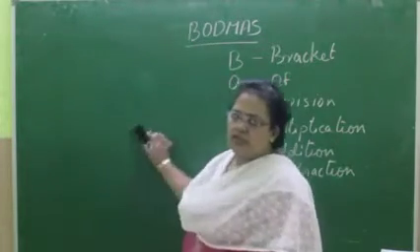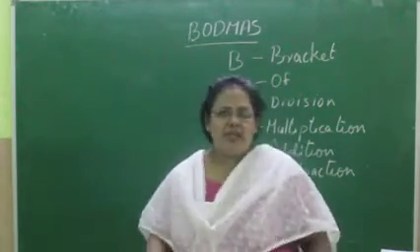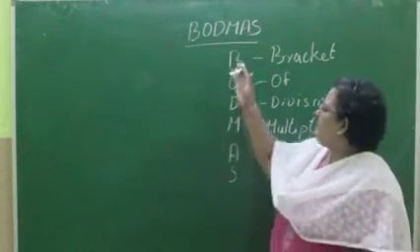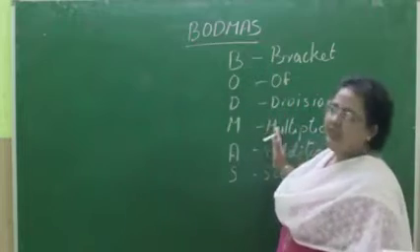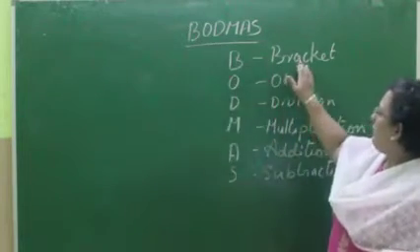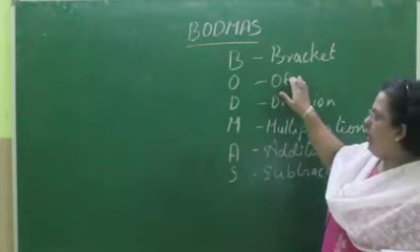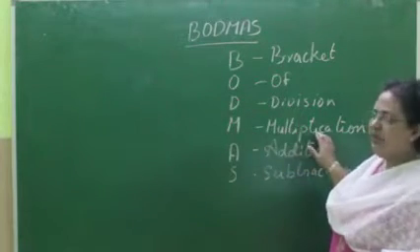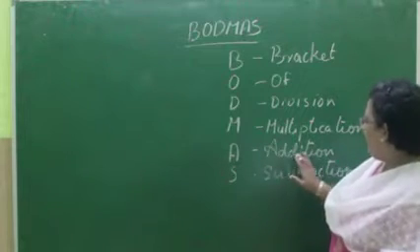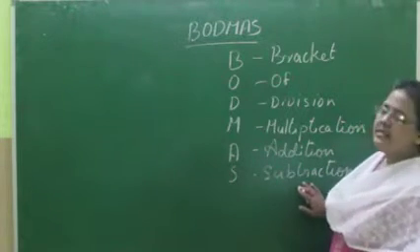BODMAS is also an abbreviation for doing problems, made with the first letters of each item given there. That is, B stands for bracket, O stands for of, D stands for division, M stands for multiplication, A stands for addition and S stands for subtraction.